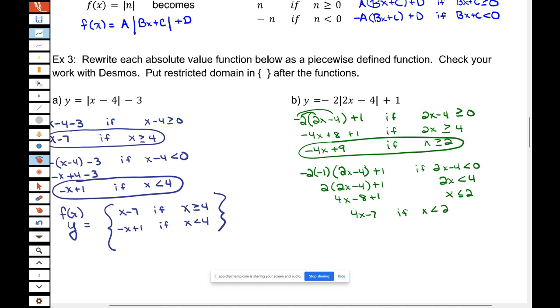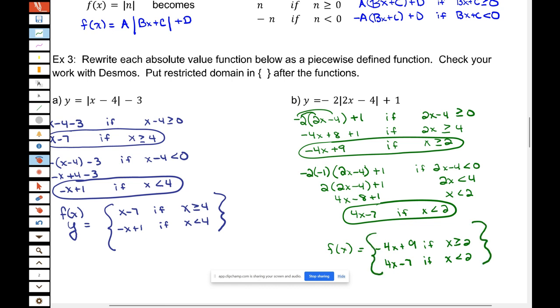Less than 2, not less than or equal to, sorry. That's the second part. So our function would be f of x equals negative 4x plus 9 if x is greater than or equal to 2, or 4x minus 7 if x is less than 2.